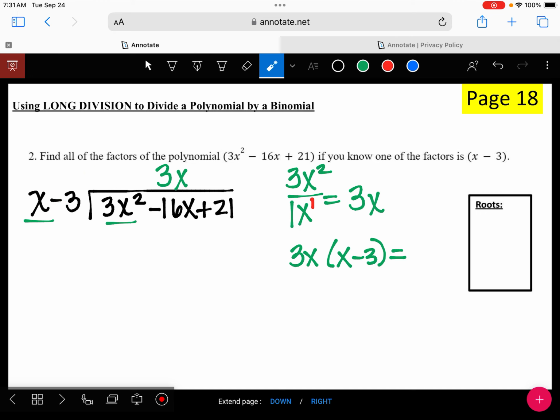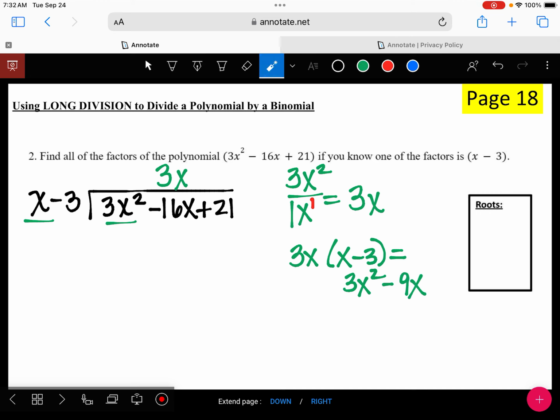Just write what you think it is. So you're going to take 3x times x and 3x times 3. So 3x times x is 3x squared. And 3x times -3 is -9x.